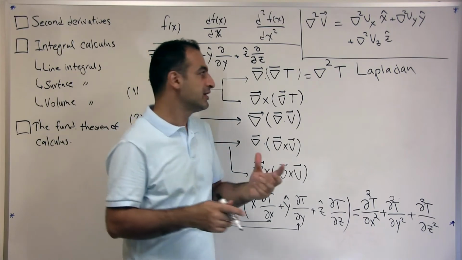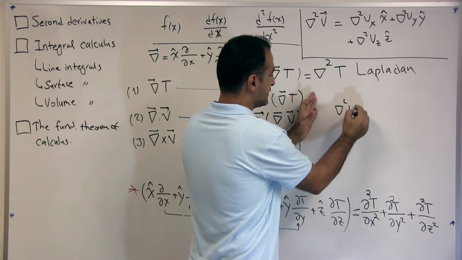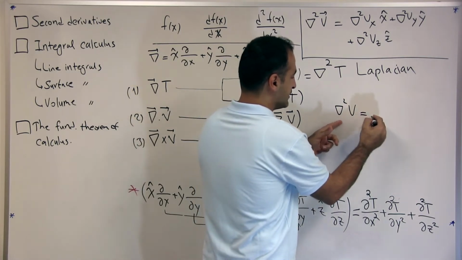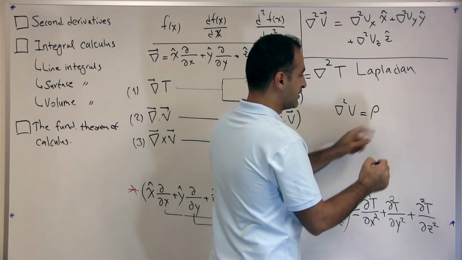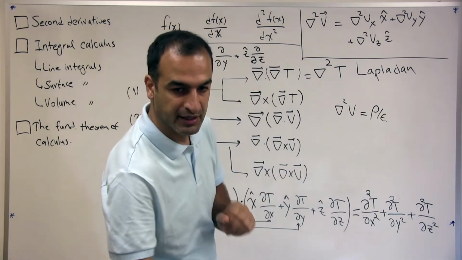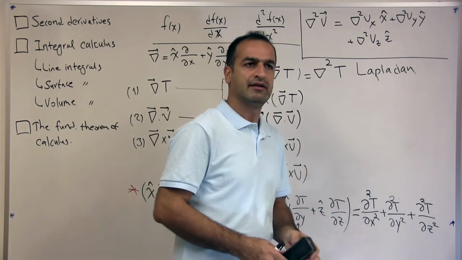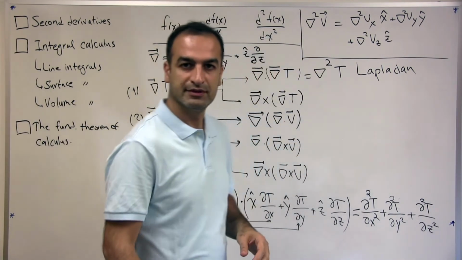So we will come up with an equation that says the second derivative, the Laplacian of the electrostatic potential, is equal to the charge distribution times a constant, something like that. These things we will work with in chapter 3 or 4 of this course.